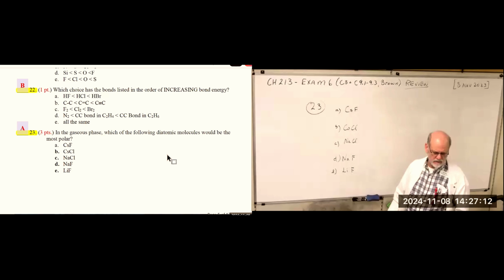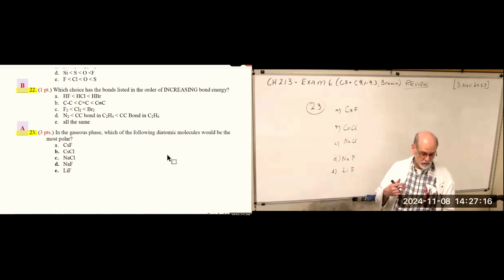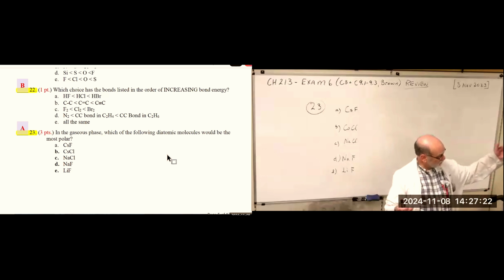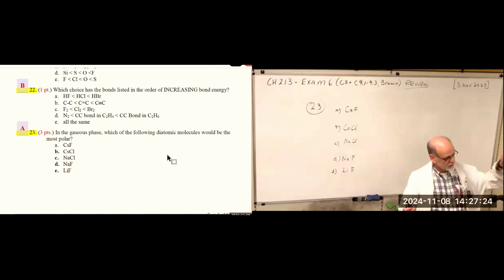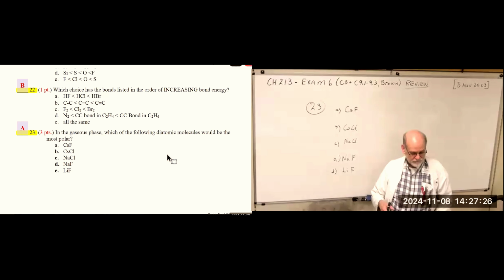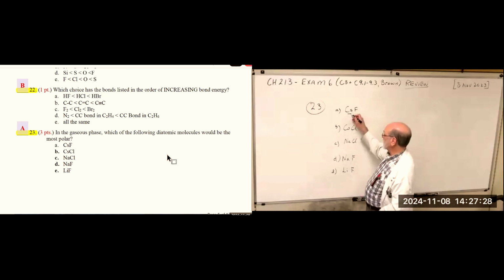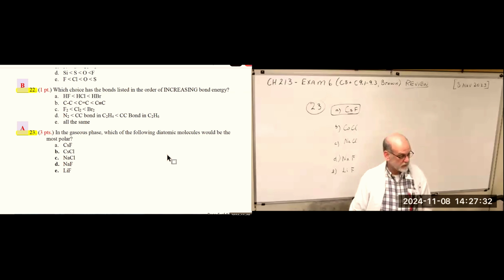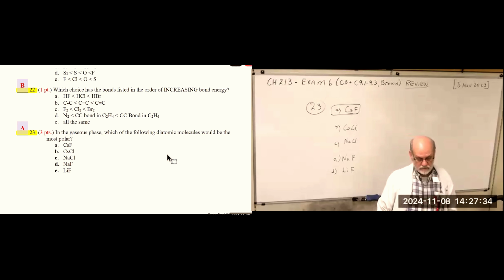The most polar bond of all of them would be the ones with the electronegativities with the greatest difference. Cesium's way down in the lower left-hand corner, fluorine's in the upper right-hand corner. That's why I think cesium fluoride would have the most polar bond. It may not be the strongest, but it will be the most polar.